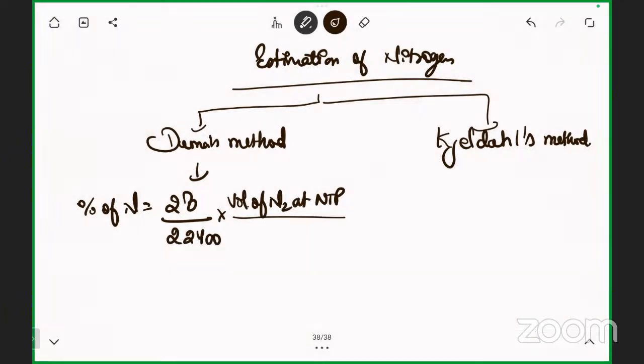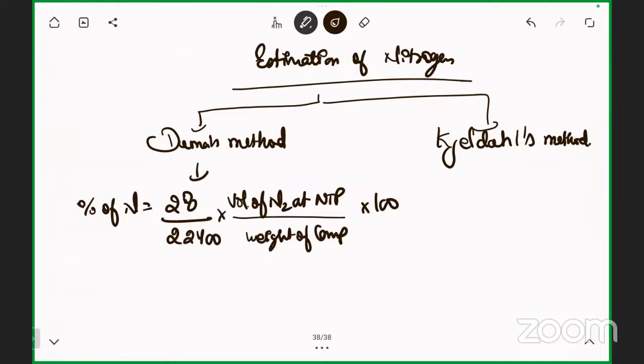It will be given in the question directly. Weight of compound into 100. Okay, so I think that's not a big deal, and you can easily calculate by this particular method.